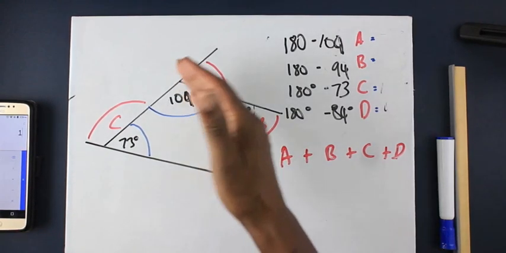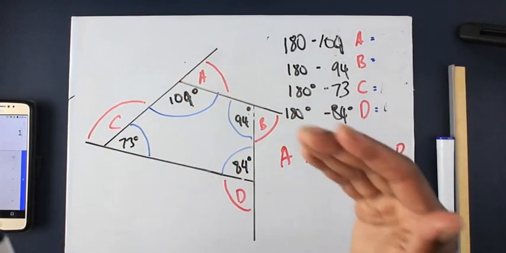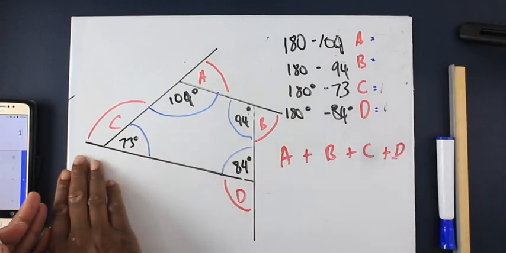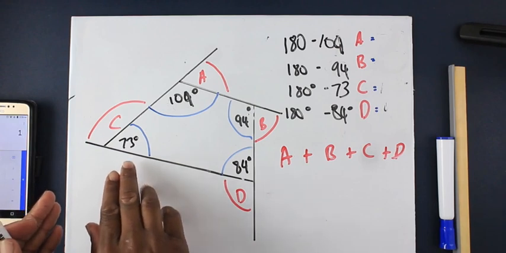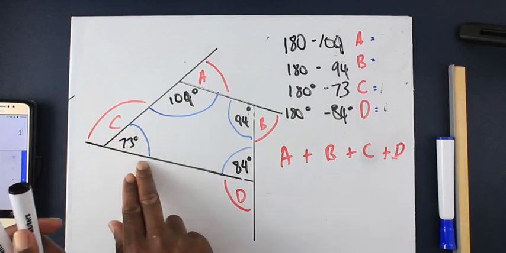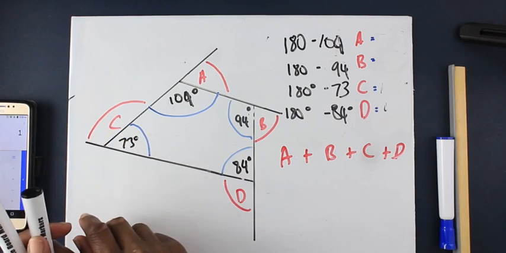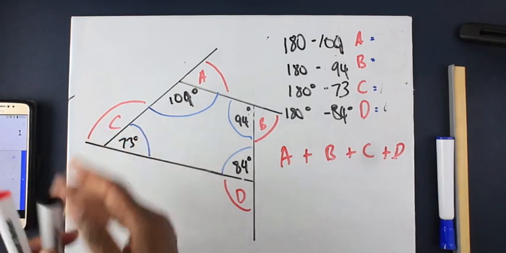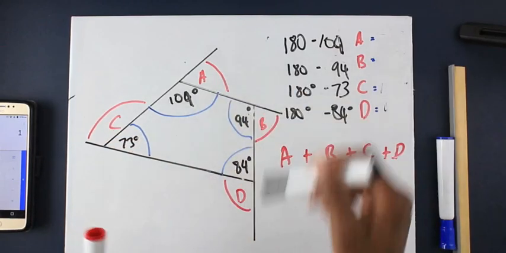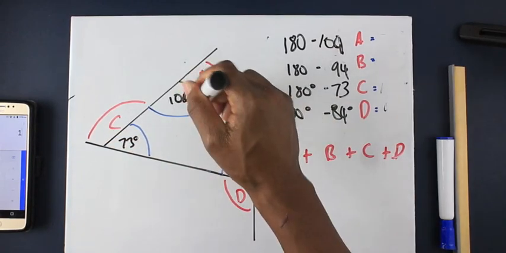Again, if we want the angles A, B, C and D, we note that, let's take C for example, both the angle C and this internal angle are on a straight line, so their sum equals 180. Take away the internal angle from 180, it will give us C. We're going to do that for all of these different angles.